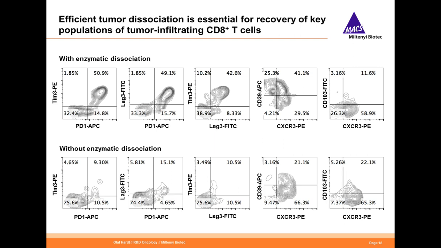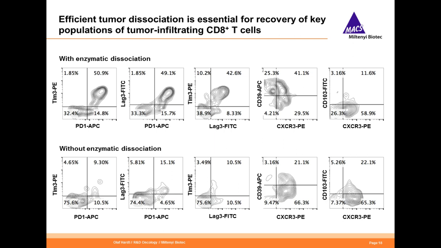However, what we figured out, actually a colleague of mine working with TILs for many years now, it is possible to dissociate some tumors, so the very soft ones like B16 mouse melanomas, without enzymes. And you, of course, get a lower yield and viability of the tumor cells, the endothelial cells, so again, very tightly connected tissue cells. However, the CD45, so the overall TIL counts look pretty normal.